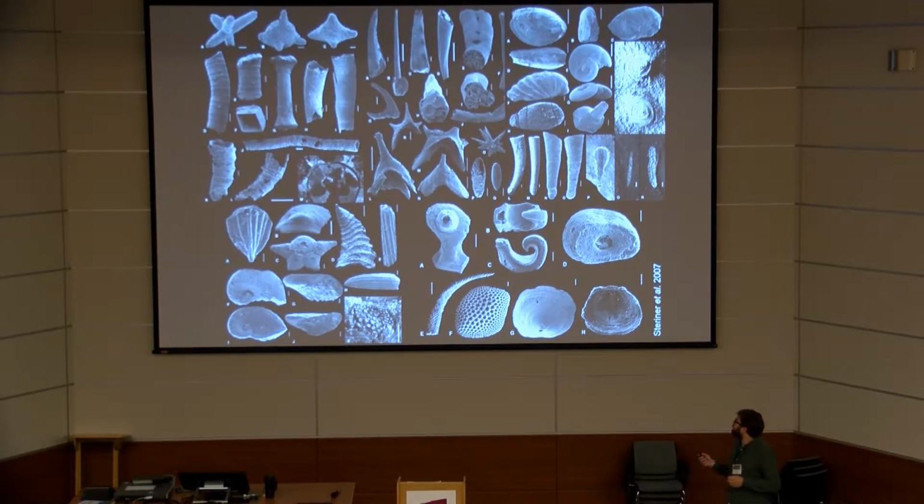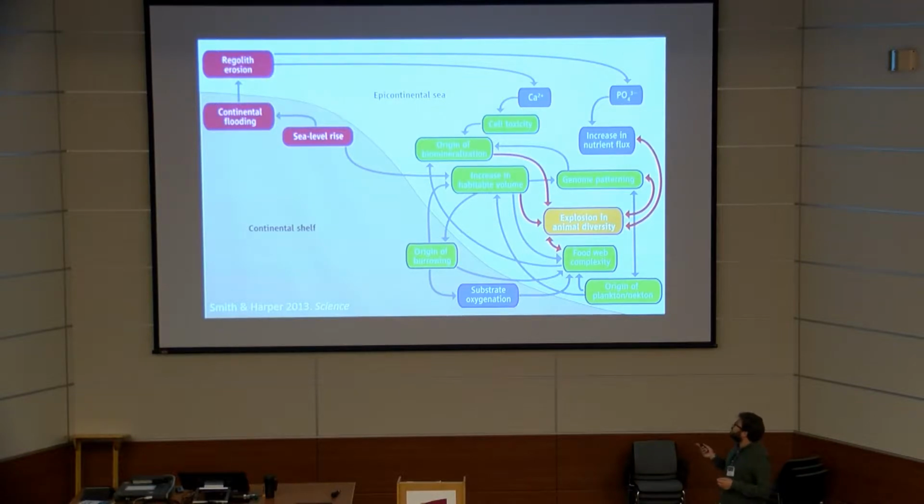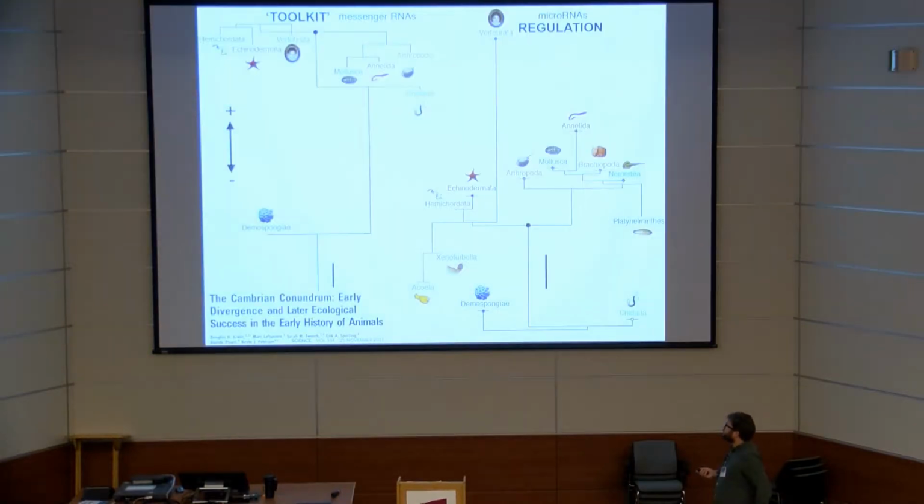In fact, the origin of biomineralization is an integral part of this complex series of factors that brought about these major changes through the Ediacaran-Cambrian transition that we're all here to talk about. So for the remainder of my talk, I'm going to investigate a little bit more the origin of animal skeletons, and in particular the relationship between changes in animal genomes and the evolution of animal skeletons.